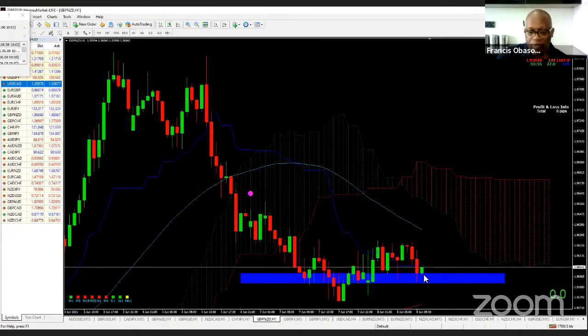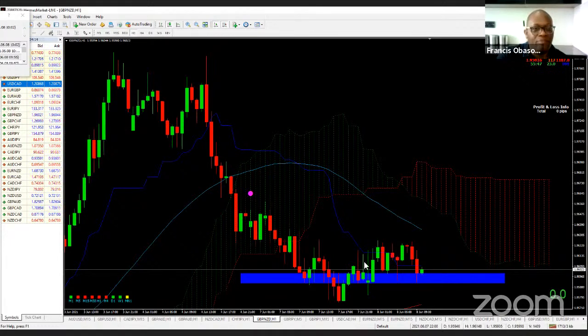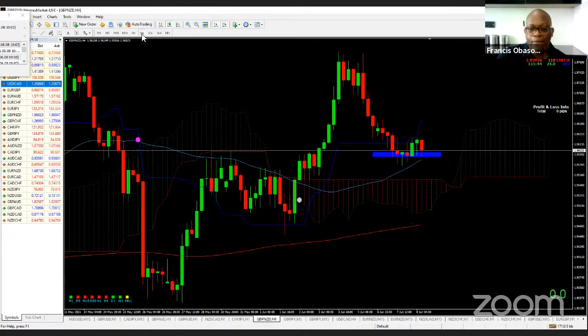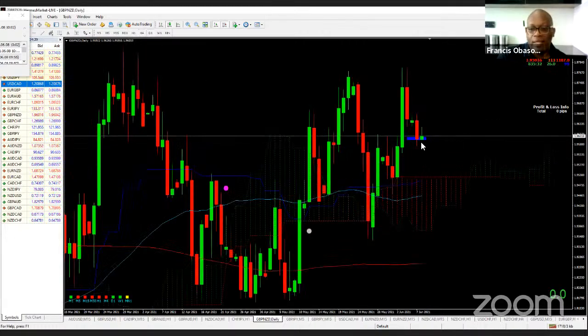Okay, so we'll see what happens here. I would want price to break below this blue zone I've marked out there. If it doesn't break it and it pushes up, then we'll be looking for a buy.